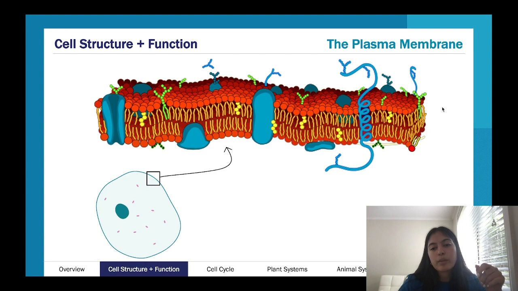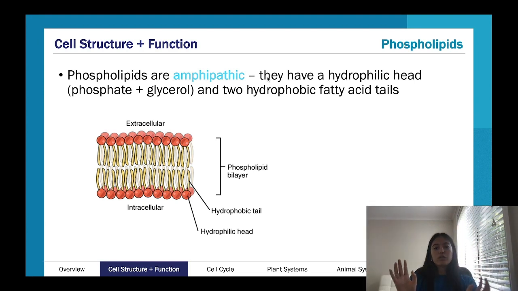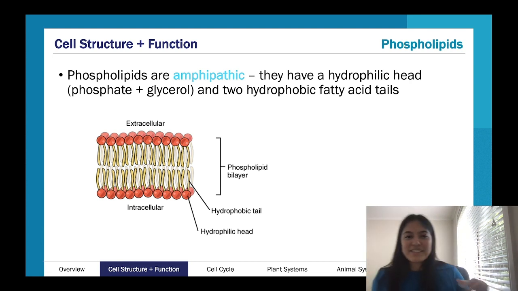So we talk about the plasma membrane in the context of transport. We can see here, as I mentioned, the 2 layers. So there are phospholipids. Don't really worry about the word amphipathic. I never used it. Just think about the idea that they have both the 2 words we talked about before, hydrophilic and hydrophobic, the 2 components mixed into one, which I know I said wasn't a thing.